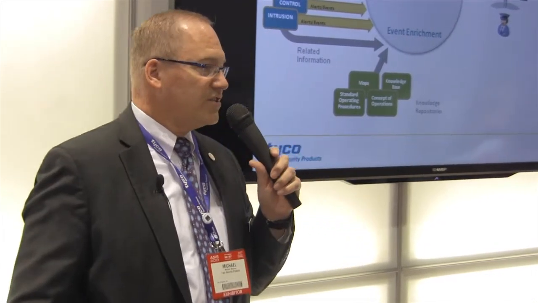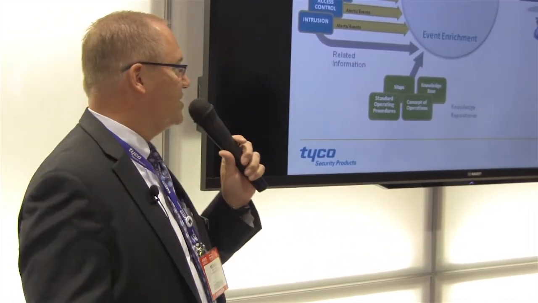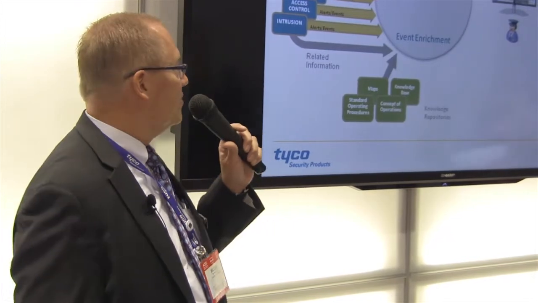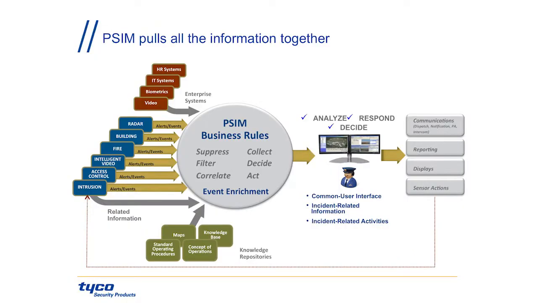You can also leverage knowledge repositories, such as GIS repositories, standard operating procedures, and so on. You can also leverage enterprise systems, including identity management systems, HR systems, and other IT systems. All of this gets combined together with a business rule engine that allows us to suppress spurious information and really helps us understand the most important information related to the events that are happening.